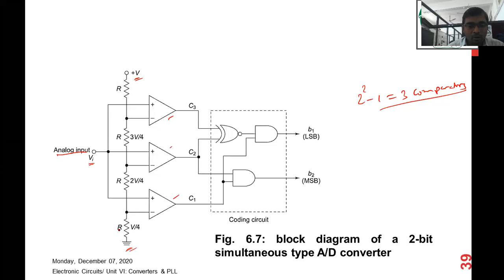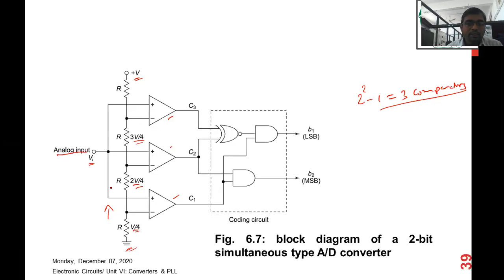If you start from the ground level and move towards the maximum positive voltage, you will find that the first comparator has the inverting terminal voltage V upon 4, then 2V upon 4, then 3V upon 4, and then finally the V is there. So this V has been divided by these three comparators into the equivalent of V upon 4 terms.